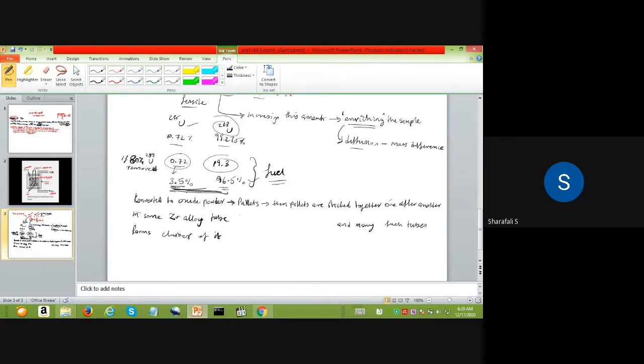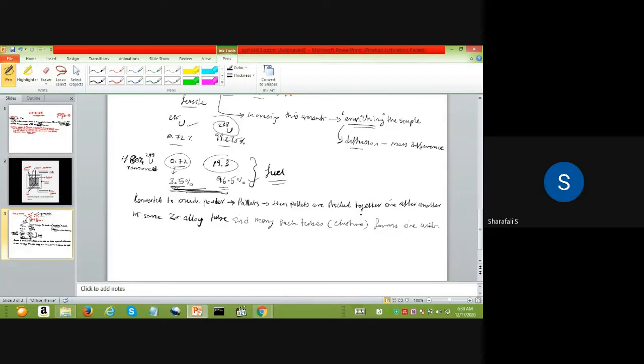I will say this is many such tubes, which are called clusters, which means many tubes together are called a cluster, and that forms one unit.